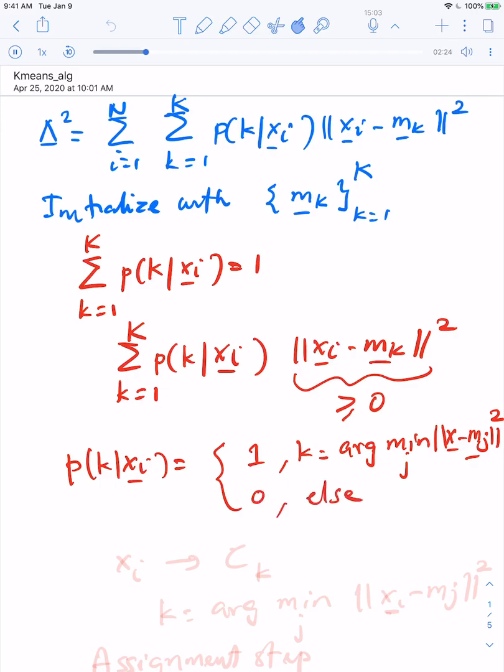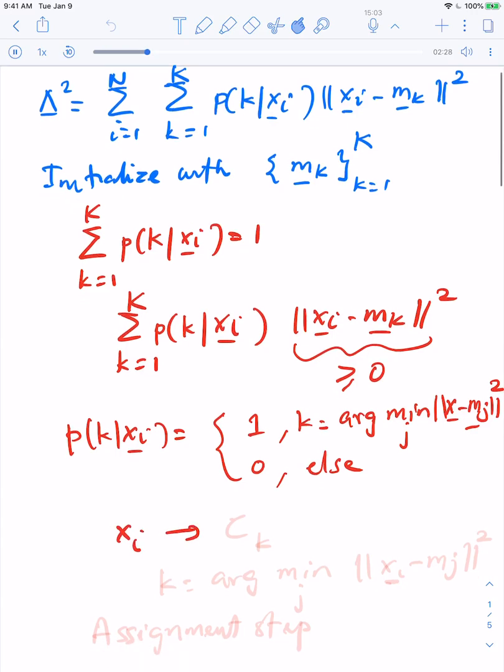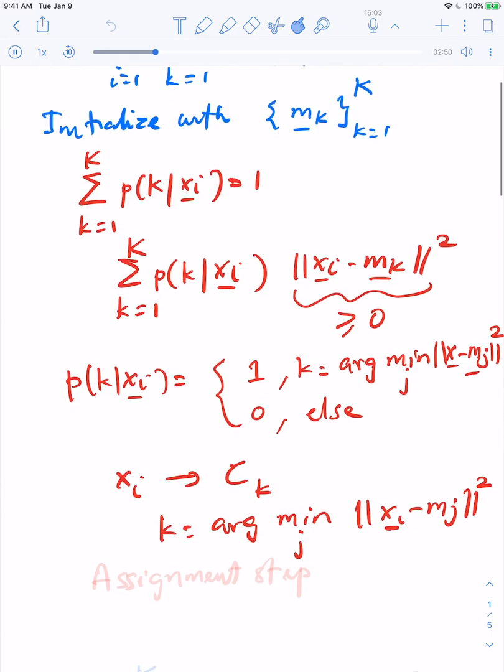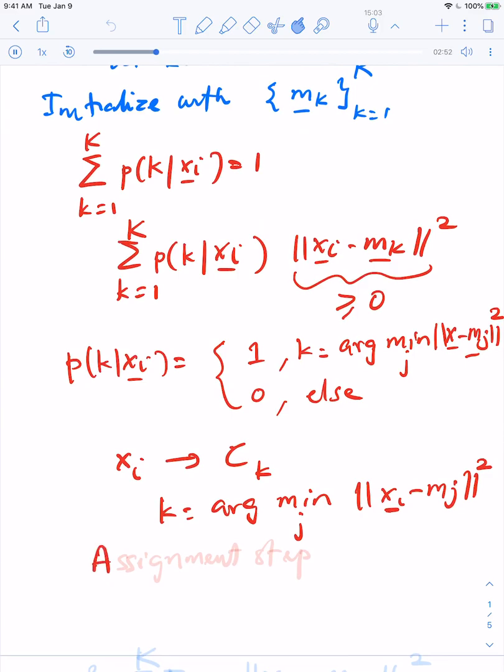So xi is assigned to the ck, where k is arg min over j of xi minus mj. So the assignment step is go to the closest cluster center. So that's our assignment step.